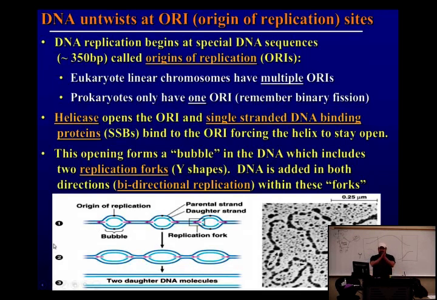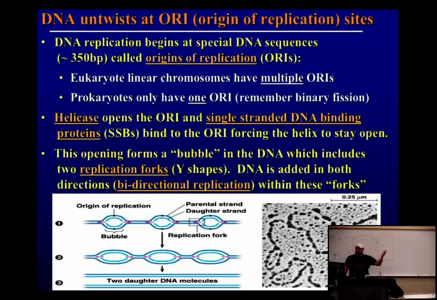So when helicase opens up the DNA, what do the two strands want to do? They want to go back together, right? So how do you prevent two magnets from going back together? Stick something in between. So what the cell does is it sticks in something called single-stranded binding proteins that only bind to single-stranded DNA. And that keeps the two strands apart.